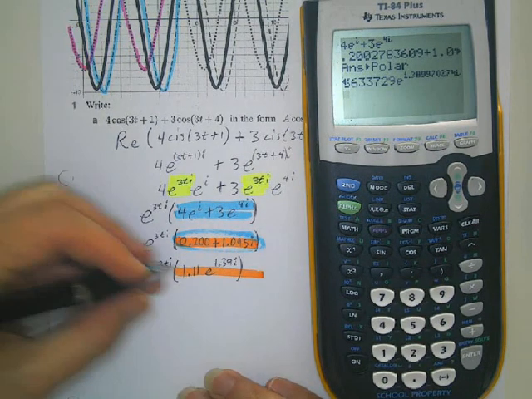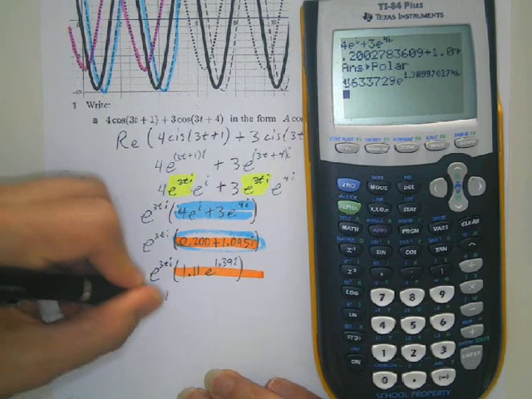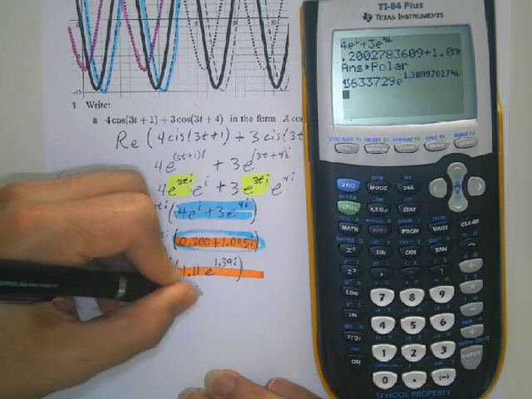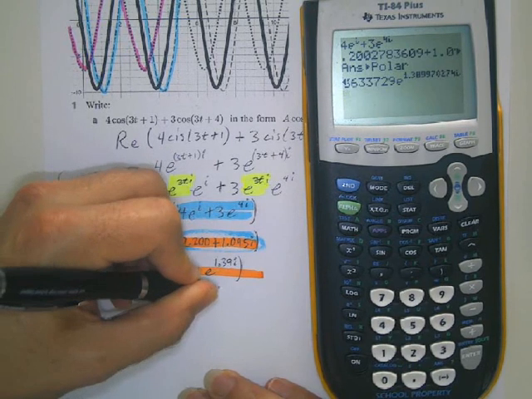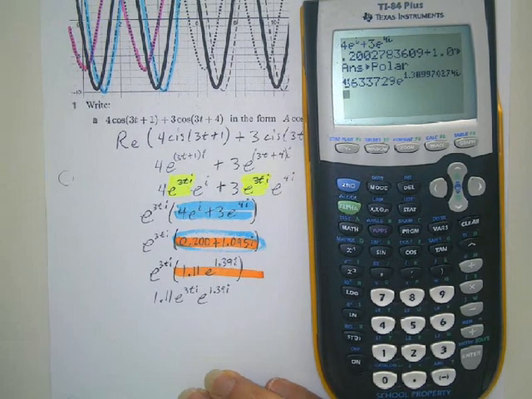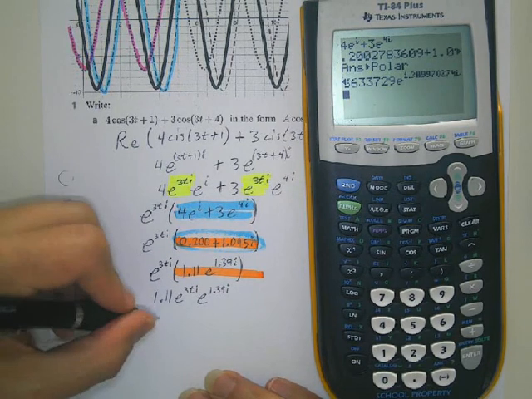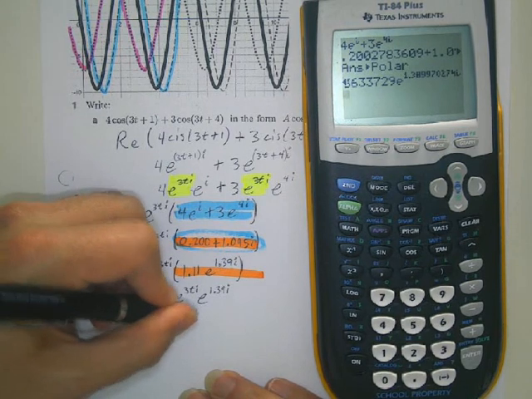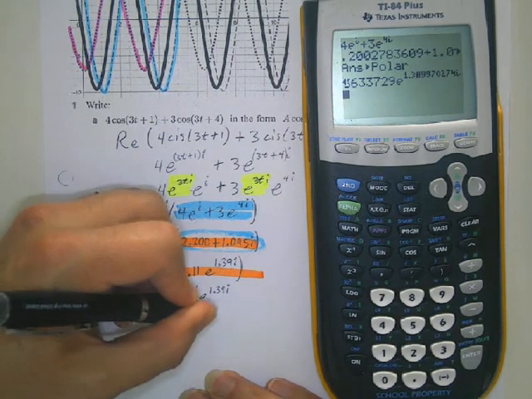Let's rearrange these factors. 1.11 e to the 3ti times e to the 1.39i. Okay, now I'm going to write this with a single value of e, so 1.11 e to the 3t plus 1.39.